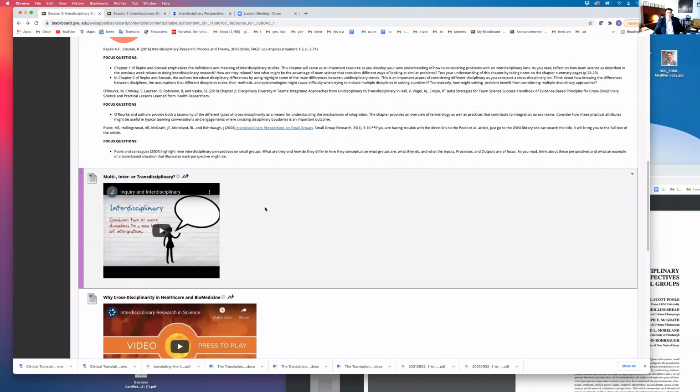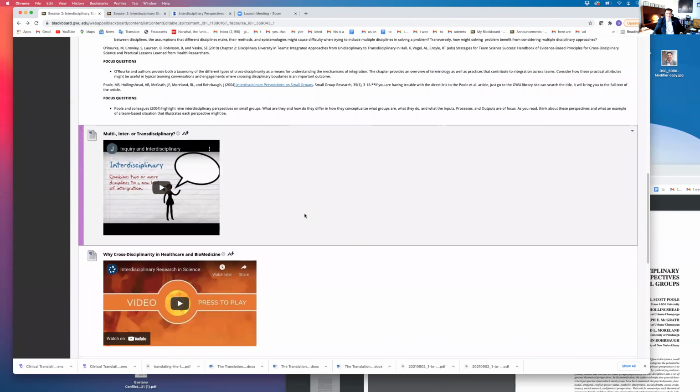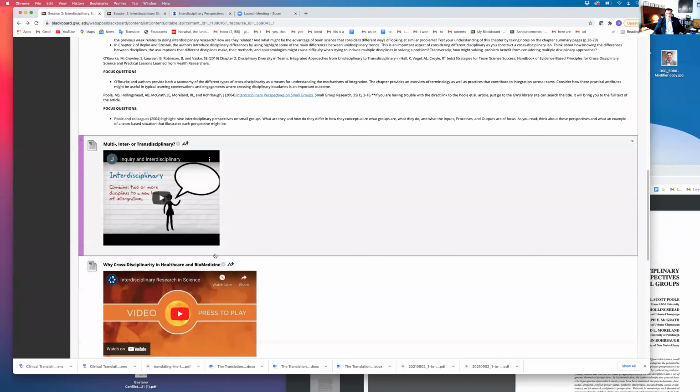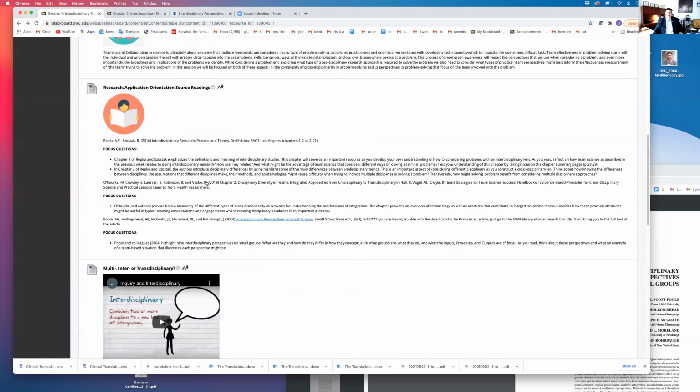There's also a little cartoon here that's going to tell you a little bit about the differences between multi, inter, and transdisciplinarity. And there's also a video here from, I believe, University of Pennsylvania on interdisciplinary research in science. Or it's from London, I can't remember.